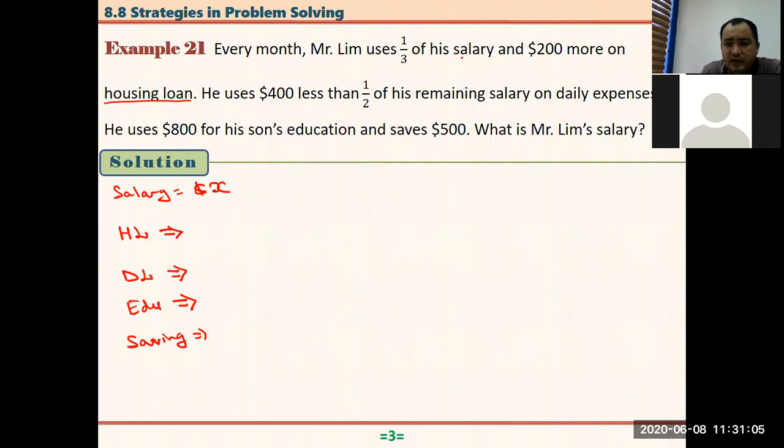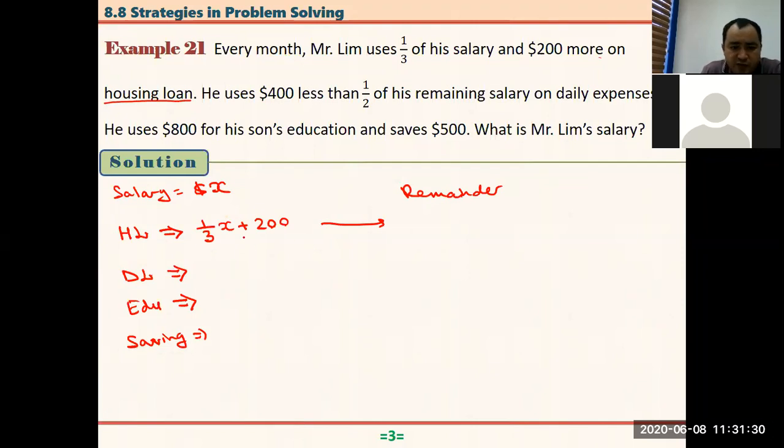1/3 of his salary and 200 more on housing loan. So here his salary is X dollars. So he's spending 1/3 of his salary plus $200 on his housing loan, right? Spend. And now I can write here, remainder, after, how much is left.